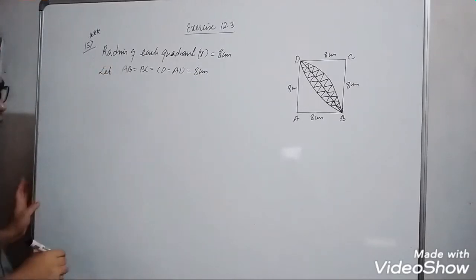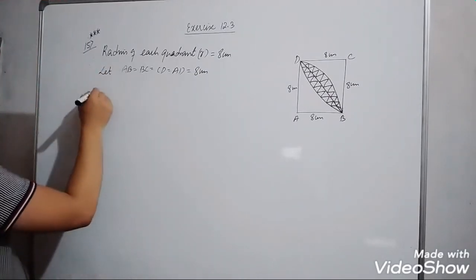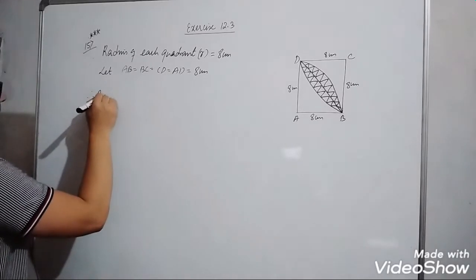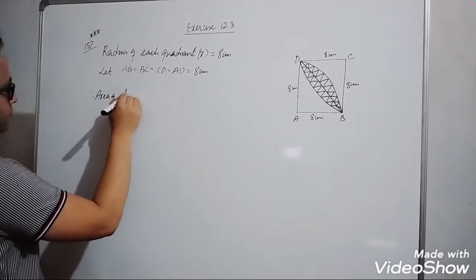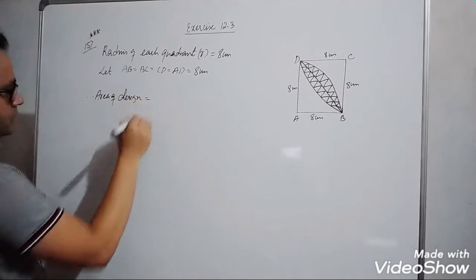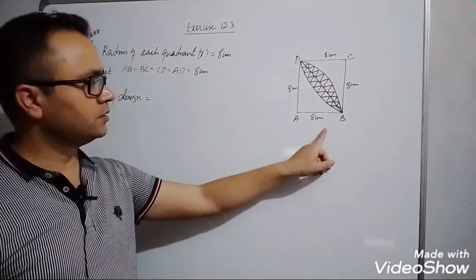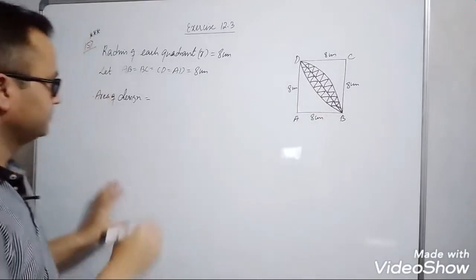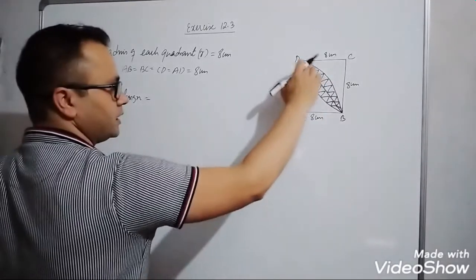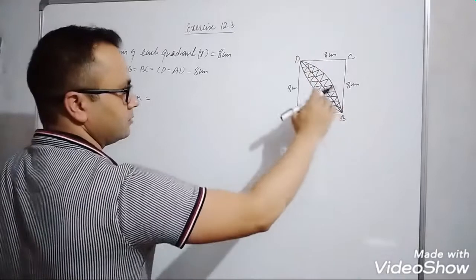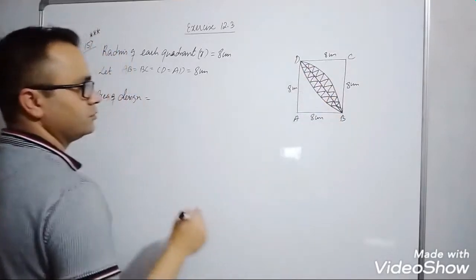Now we can calculate the area of design. So therefore area of design equals area of two quadrants minus area of two triangles. There are two quadrants. Area of two quadrants minus area of two triangles. We will get the design.